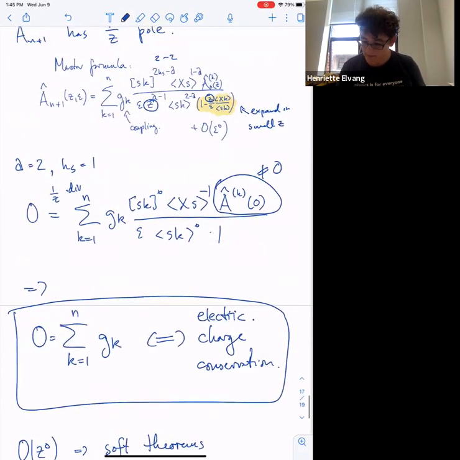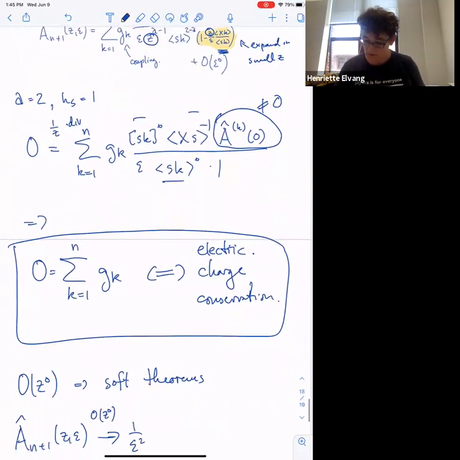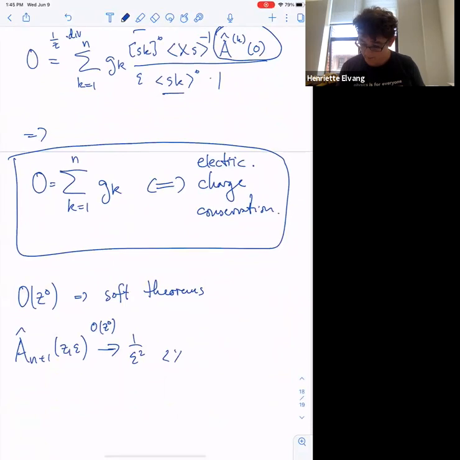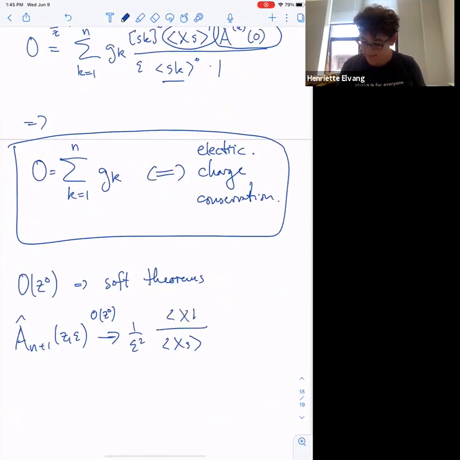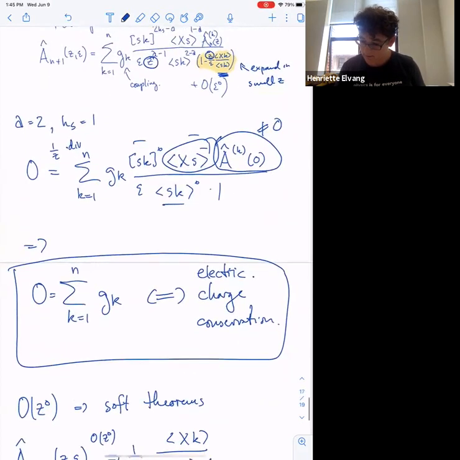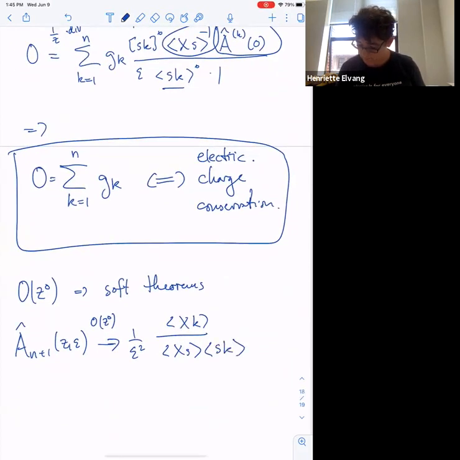I basically have all the same factors as before, but now they get multiplied by the factors that came from this expansion here. So I have my 1 over x_s that came from this piece to the -1. And then I have the two factors from here, so they give an x_k divided by an s_k. And that multiplies A_n evaluated at c equals 0, so it's no longer shifted.